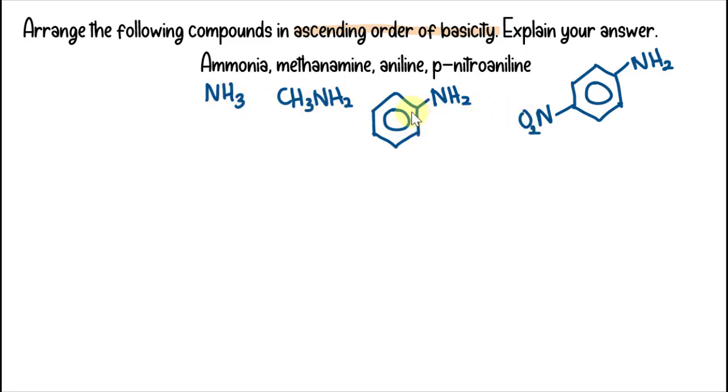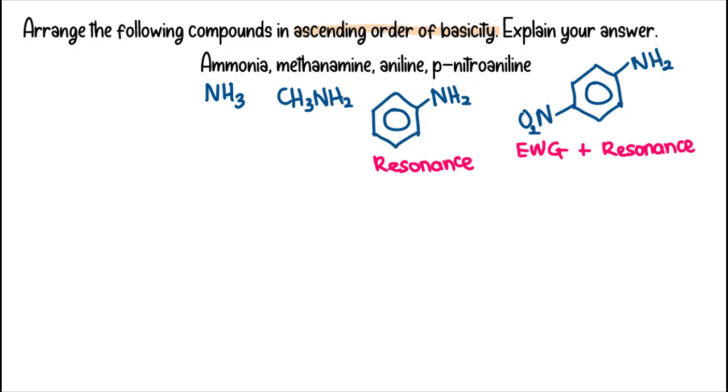Between these two, both have the resonance stabilization effect, but this one also has the electron withdrawing group, while this one only has a resonance effect. The presence of an electron withdrawing group will make our amine less basic, because it will pull the electron toward itself, causing even less electron density on the nitrogen atom. So the least basic is para-nitroaniline.